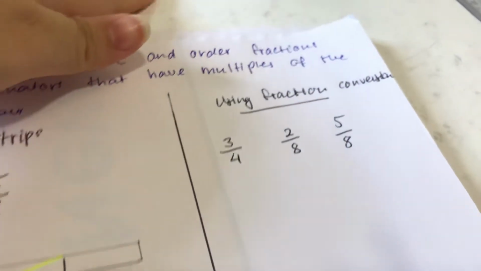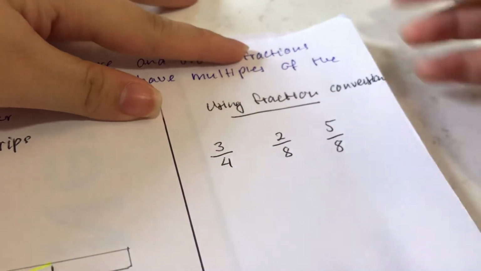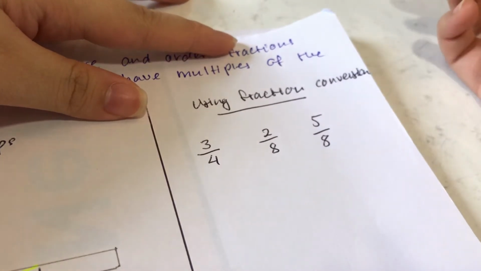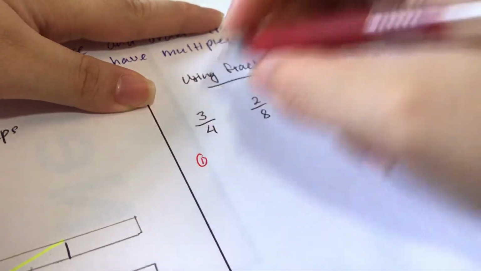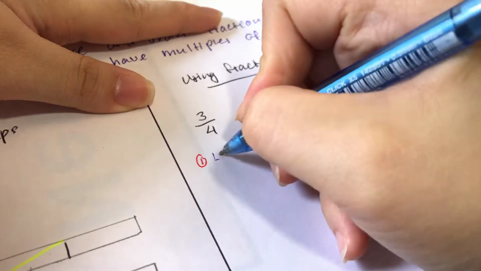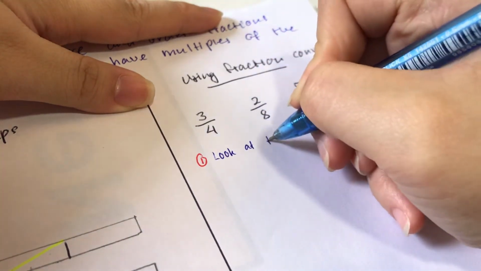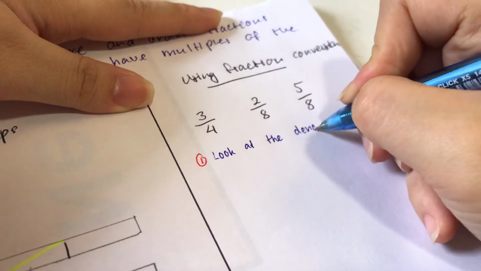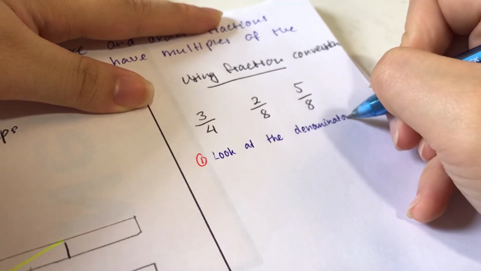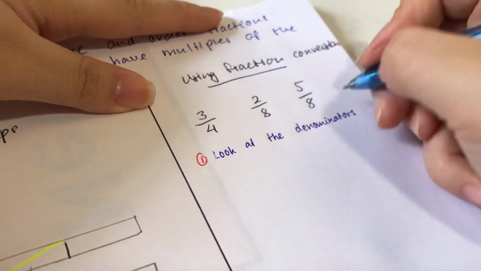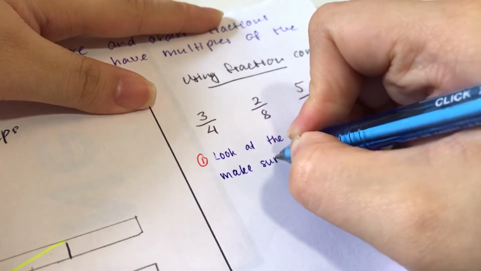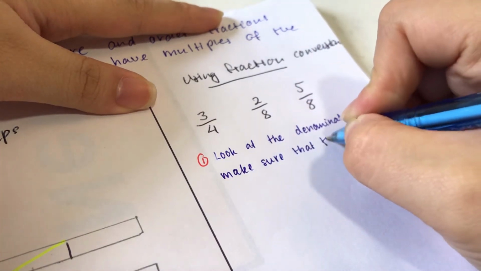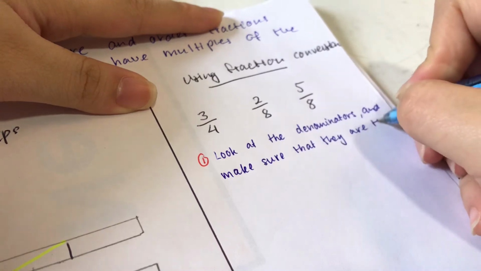Now some of us are more comfortable, some of us are really good at doing this, okay? So using fraction conversion is another method. Step 1 for fraction conversion is: look at the denominators and make sure that they are the same.